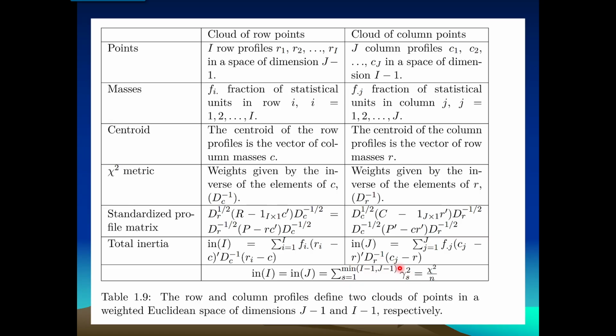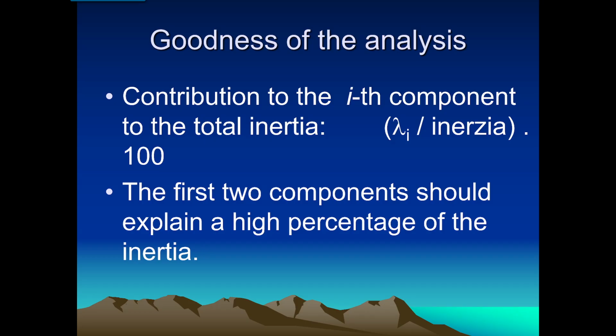The total inertia is the sum of the squares of the singular values, that is the sum of the eigenvalues. Incredible, eh? At the end of the day, the singular values make it all. Sum of the squares of the singular values, this is chi-square divided by n, this is the total inertia.